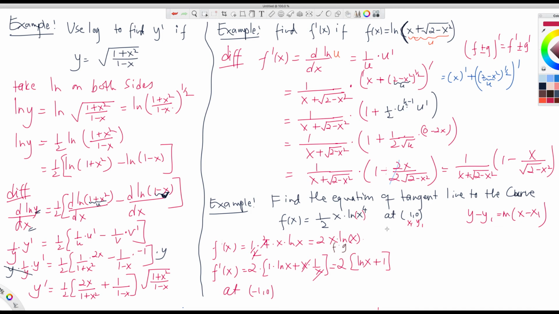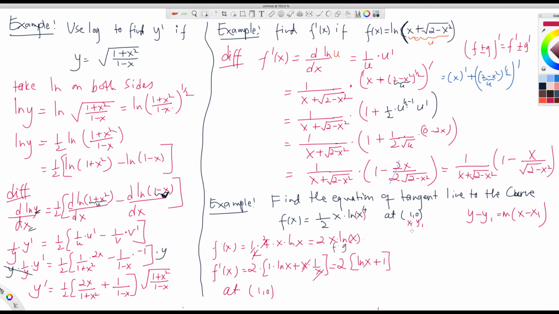Or if it is negative 1, what you could do is move the 2 to here and write natural log of x squared, and then put negative 1, and negative 1 squared will be positive 1, so that will be 0.